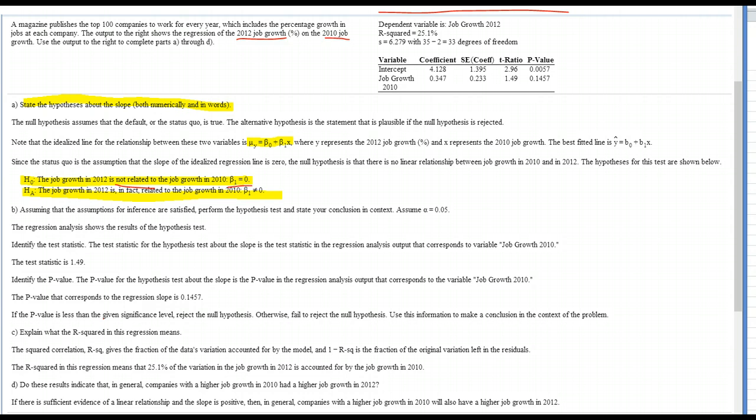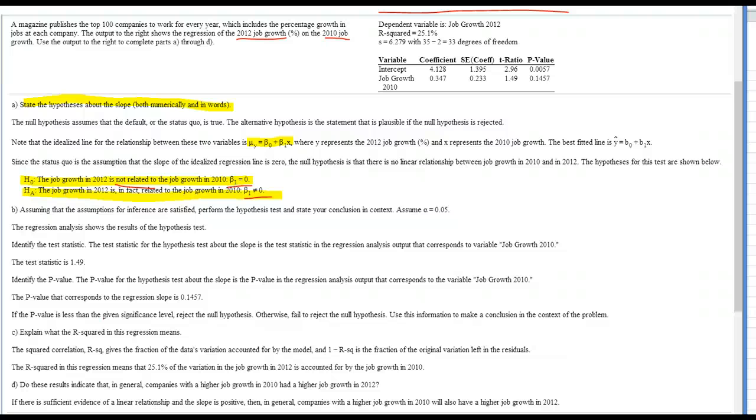Now the alternative hypothesis is always that the growth is in fact related between the two variables, and in that case beta 1 is not equal to 0. If you notice, the only alternative is not equal to; there isn't an option for less than or equal to or greater than or equal to. It's always a two-sided test, because if it's not 0, it means that there is a relationship.